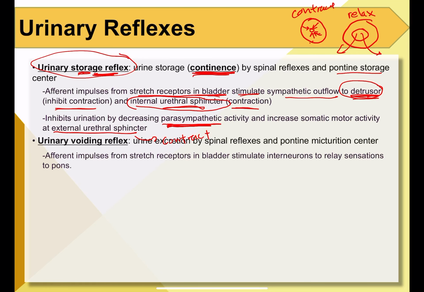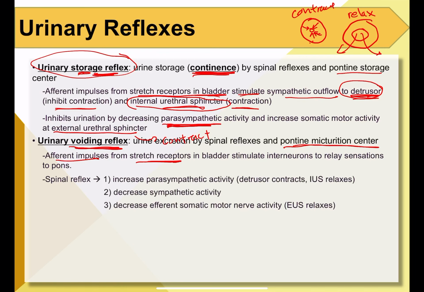Now, the urinary voiding reflex is when you go pee, through your pontine micturition center. The afferent impulses from the stretch receptors within the bladder stimulate your interneurons to relay sensation to your pons that you have to go pee because your bladder is full. That increases your parasympathetic activity, which is opposite to storage.